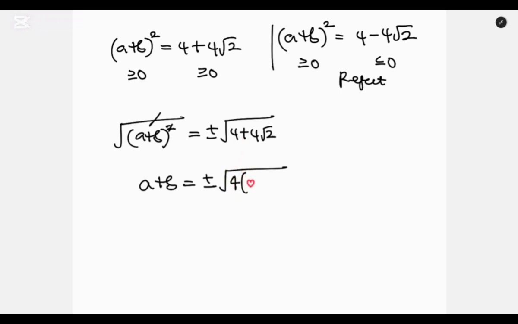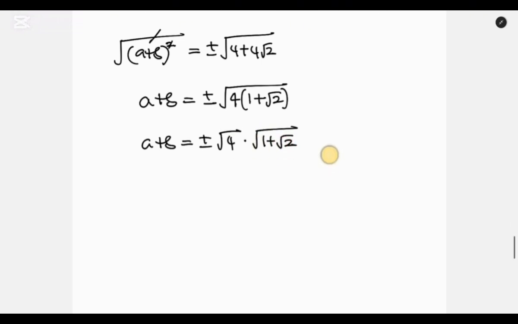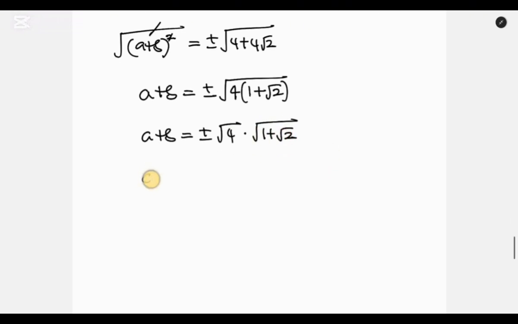So 4 divided by 4 is 1 plus 4 root 2 divided by 4 is root 2. Good. Now, this can be separated as a plus b equal to plus or minus the square root of 4 times the square root of 1 plus root 2. Very good. So lastly, this gives a plus b equal to plus or minus the square root of 4, which is 2, times the square root of 1 plus root 2.